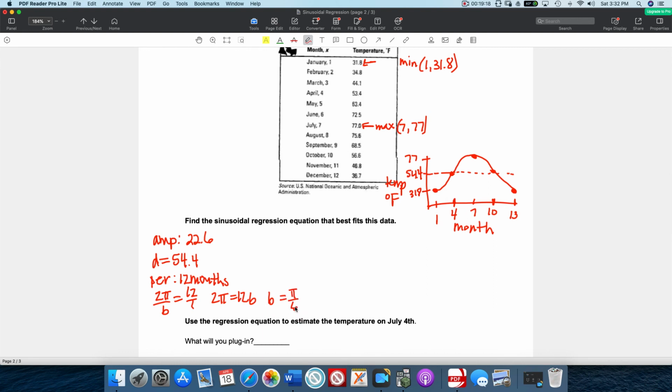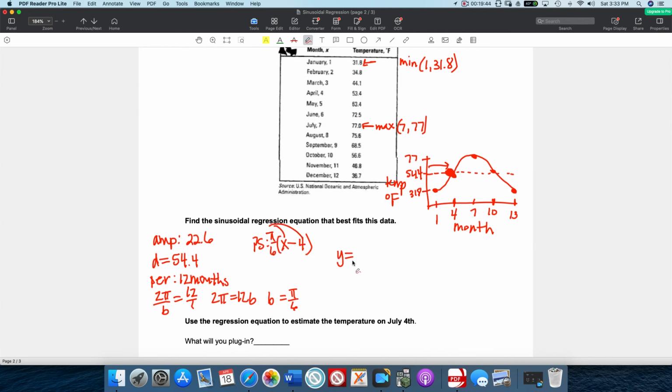All right, so now we've talked about our A, we've talked about our B, we need C, and we've got D right here. Remember, for sine, I want a midpoint. Well, there's my midpoint right here. We're going to go forward 4. So for my phase shift, we're going to go forward, so minus 4. And remember, I'm going to take that pi over 6, and I'm going to distribute that.